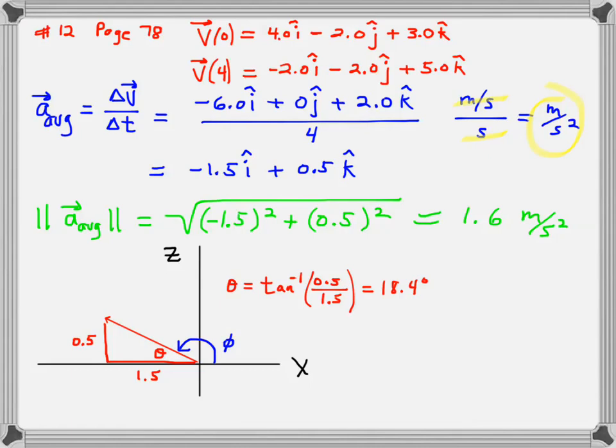That angle is approximately 18.4 degrees, and so phi, the angle that we want, would be 180 minus that, giving us 161.6. Now in this example, since the vector only had an i and k component, we were able to find the angle with respect to the positive x-axis. But if we had all 3 dimensions, this technique wouldn't really work very well.